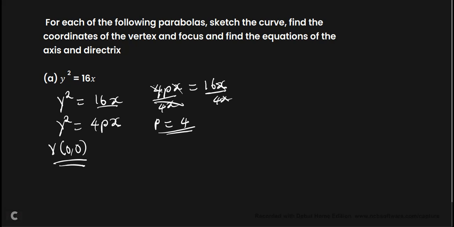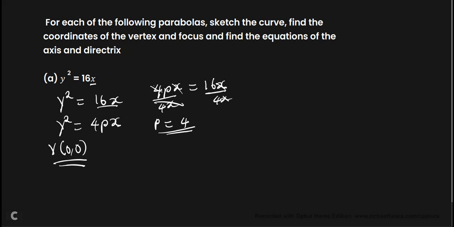After finding the value of p, we can go to the focus. Before you write the focus, let's first find the directrix. If you look, which one is not squared? It is x.